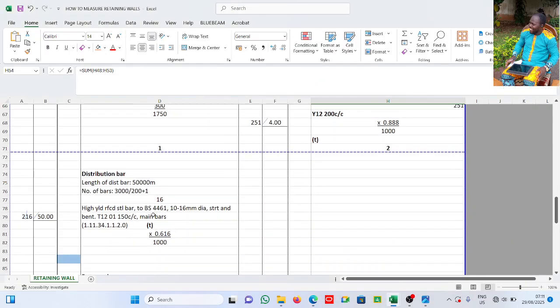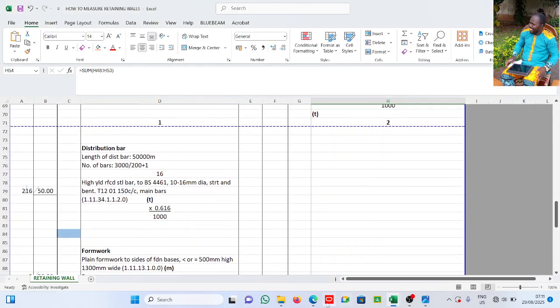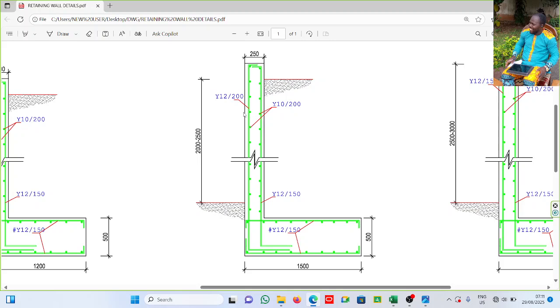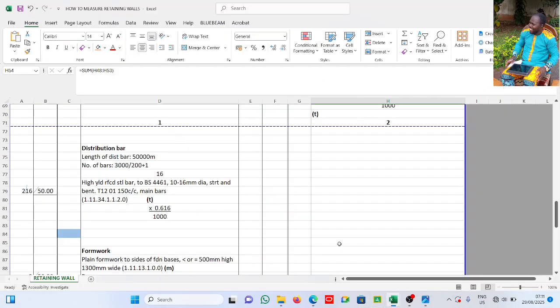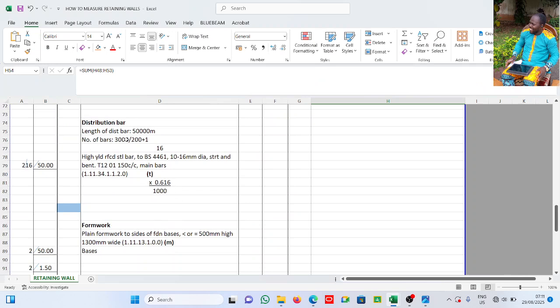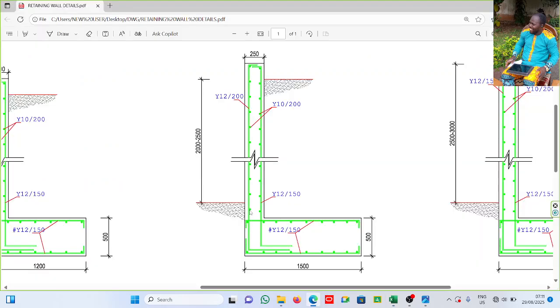Alright, so now the distribution bar. I've explained distribution bar several times. See this dotted line. They are running through 50 meters. All this dotted line, Y10 at 200, they are running through 50 meters. Alright, so this is basically where the length is 50 meter. The number is they are running through the height of the retaining wall. You see them, you see them, you see them.